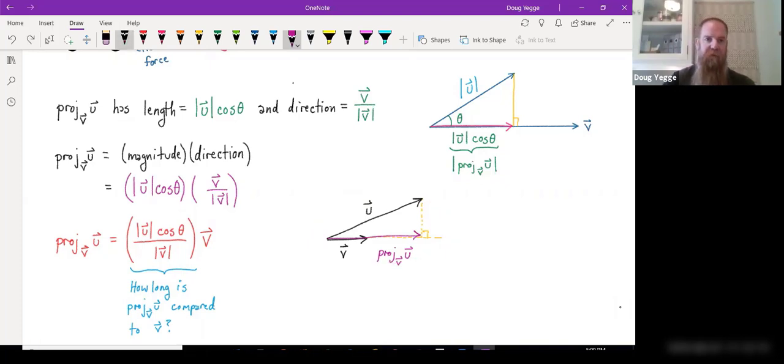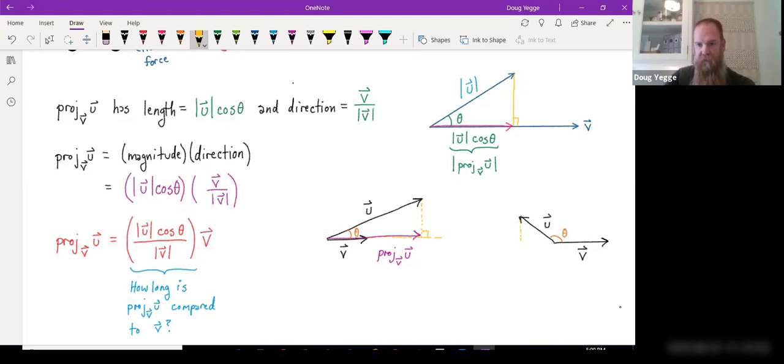It's also possible for it to go in the exact opposite direction. Maybe v is right here, and maybe u is back here. This all has to do with what the angle is between the vectors. If the angle is acute, then the scalar multiple will be positive. But what if the angle is obtuse? Now if I project u down onto v, again, there's nowhere to touch v.